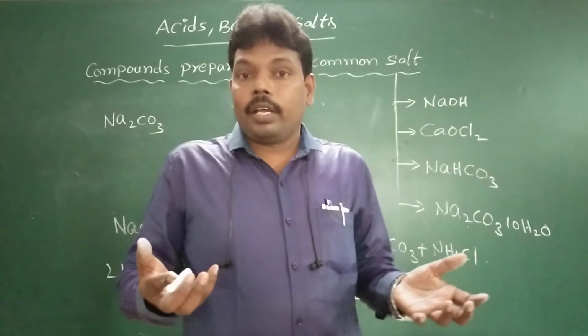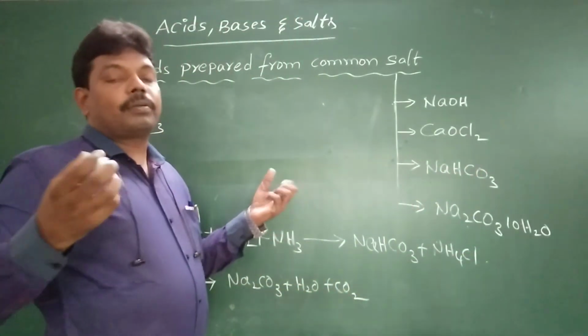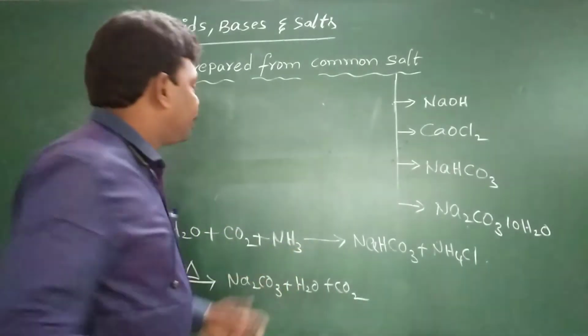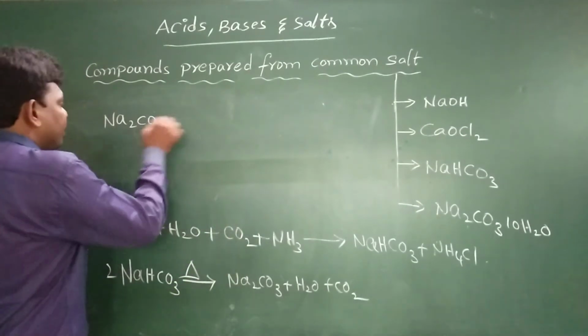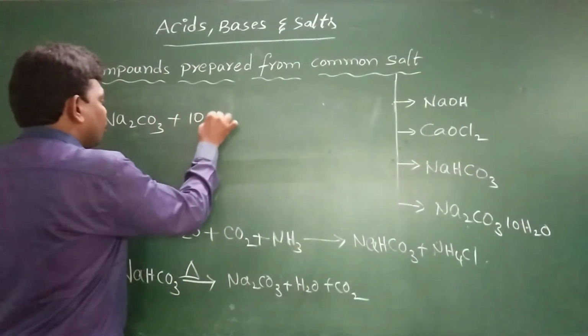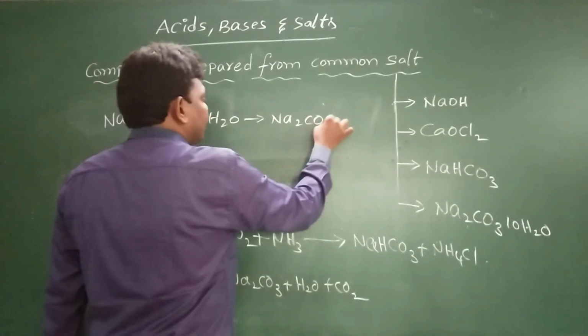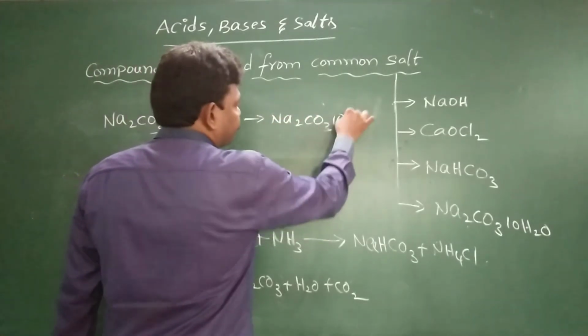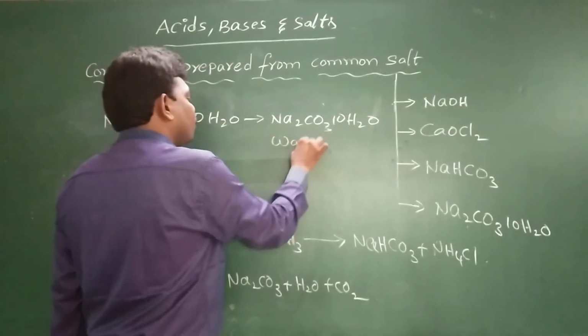What will happen? You will see that the sodium carbonate absorbs the water and forms sodium carbonate 10H2O. So Na2CO3 plus 10H2O gives Na2CO3·10H2O.